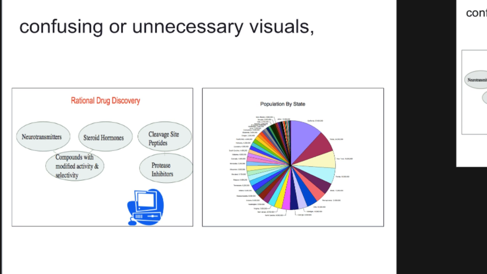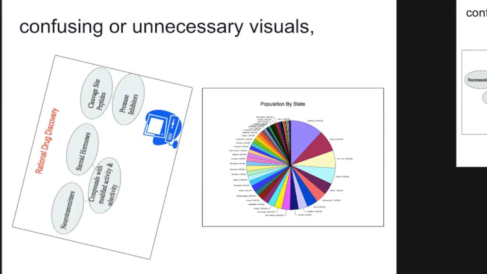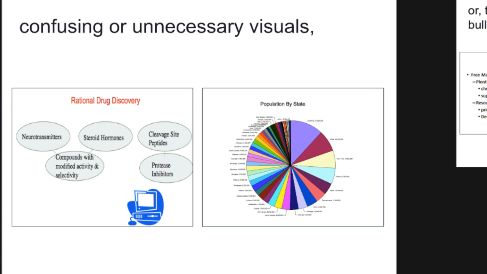In addition, any confusing or unnecessary visuals. Any visual, I hope to God you guys have never made a pie graph like that, but any visuals that make you work very hard as an audience member to figure out what is going on, people reacted very negatively to that. Across the board, people hated unnecessary animation, so avoid those at all costs. They were perceived as very, very childish.